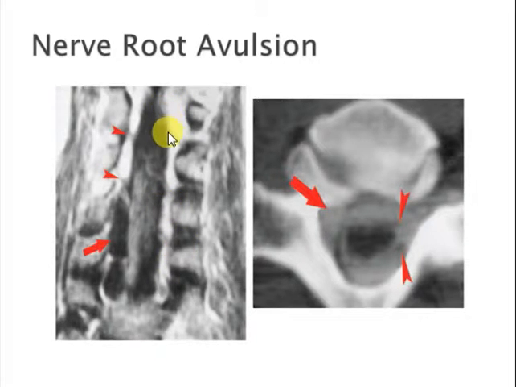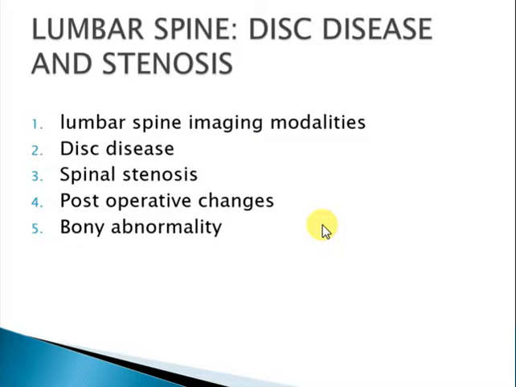You can see here there is a spinal nerve, there is a spinal nerve here, and here and here going into the exit foramina, while on the opposite side there is nothing, due to this avulsed nerve root fragment. Again, in the axial images you can see the spinal root here and spinal root here, while here there is nothing. There is just CSF, indicating spinal nerve root avulsion.